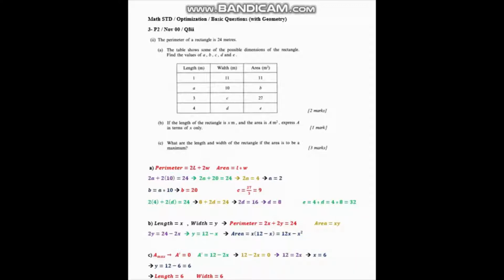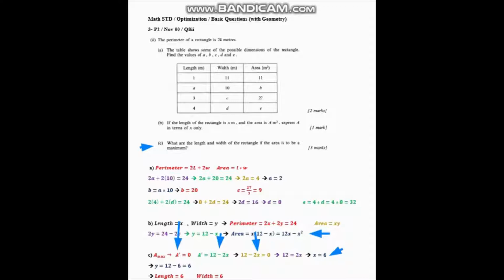In C we are told, what are the length and the width of the rectangle if the area is to be maximized. So we want to find the values of x and y given that the area is maximum, which we already know means that A dash equals 0. Hence I differentiate the expression for the area. 12x minus x squared becomes 12 minus 2x, and I set this expression to 0 and find the value of x.